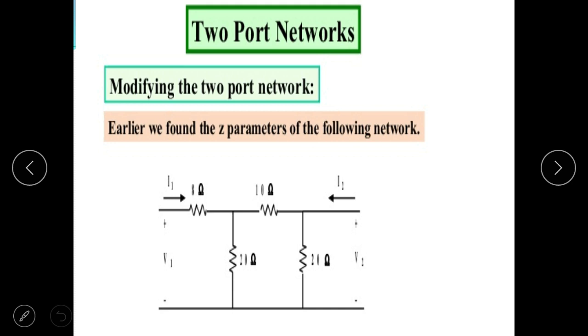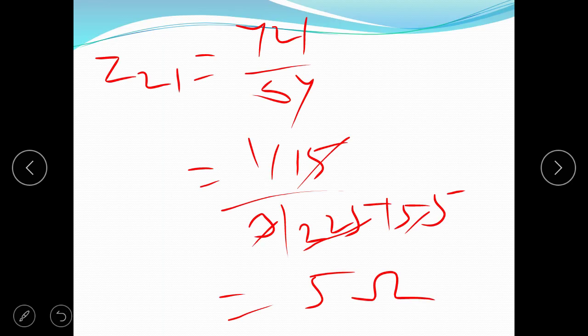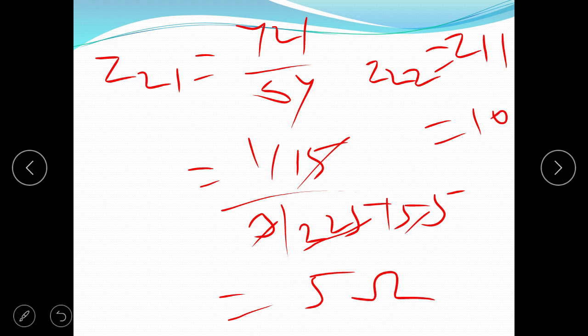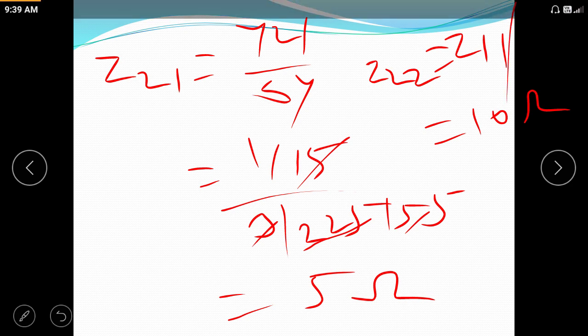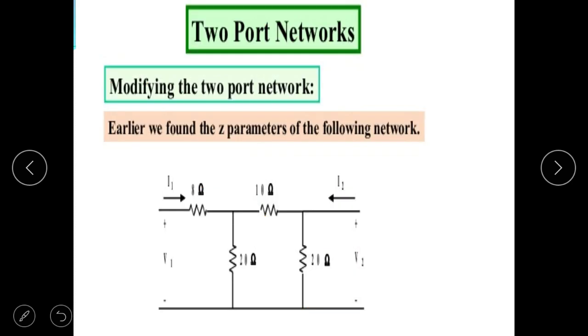So similarly the value of Z22 is equal to Z11, that is equal to 10 ohm, because the network is symmetrical and also reciprocal. So this is the procedure of finding Z parameters in terms of Y parameters. So we have discussed Z parameters in terms of Y parameters.